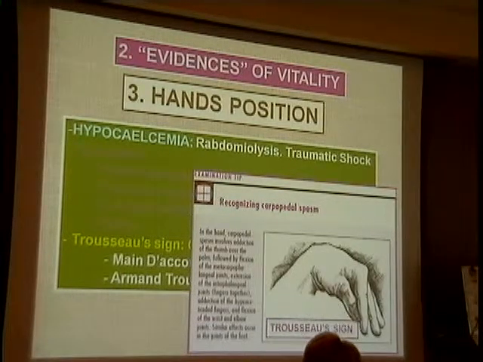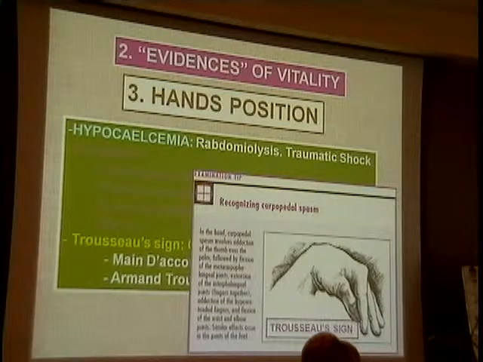The basic position is the flexion of the hands and the fingers, with the thumb down on the hand. So this would be the first step of the hypocalcemia in this carpopedal spasm. If the intensity of the hypocalcemia continues, you can get even a flexion of the wrist on the arm. So it would be another step.